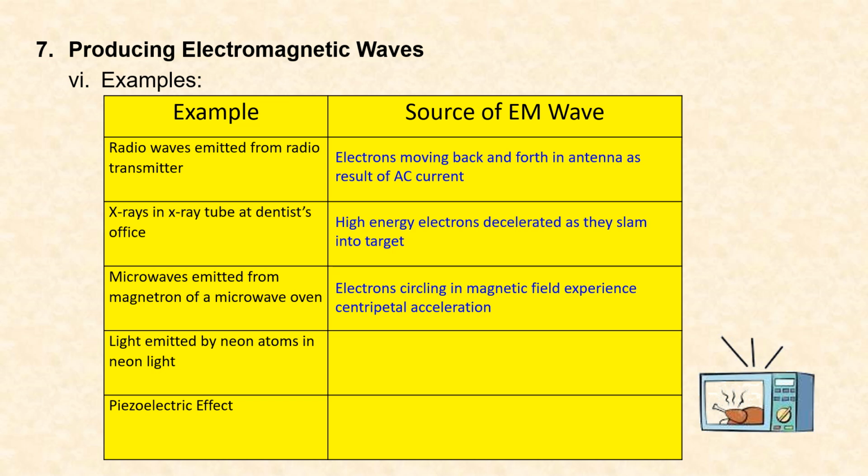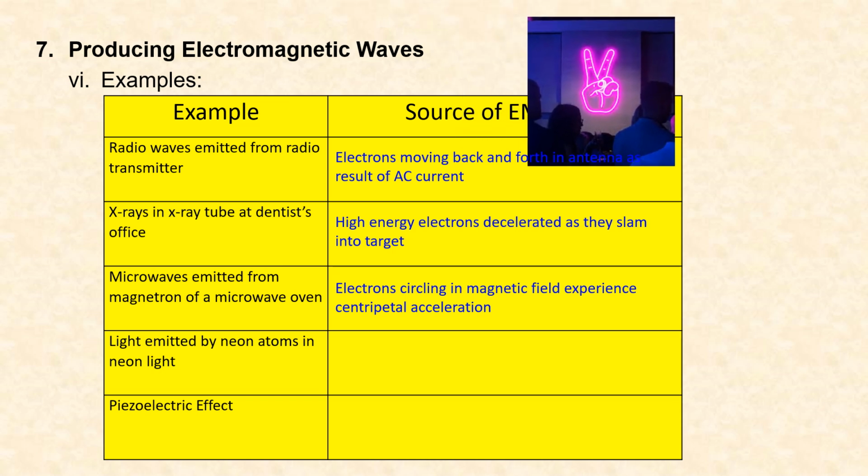And you know that any time you have a particle or object that moves in a circular path, it accelerates. So these electrons are experiencing a centripetal acceleration, and that acceleration creates microwaves. It creates electromagnetic waves in the microwave region of the spectrum, fairly low energy waves.